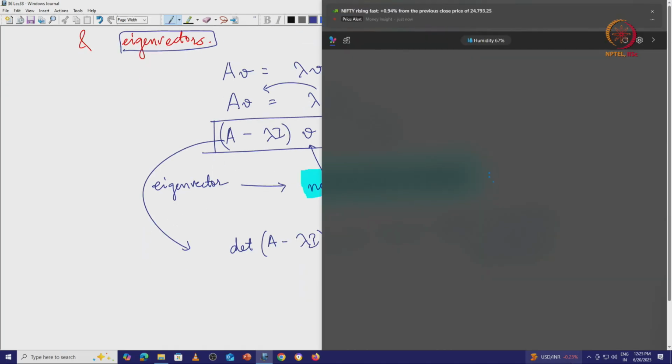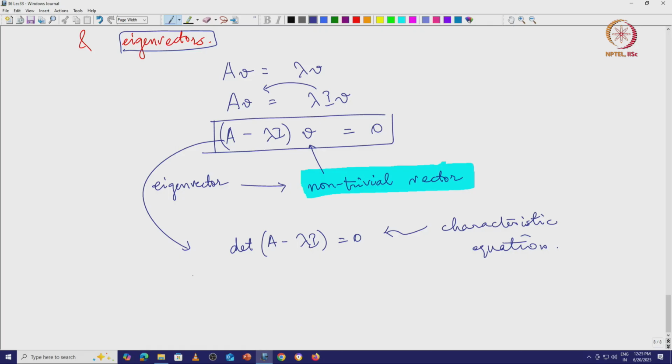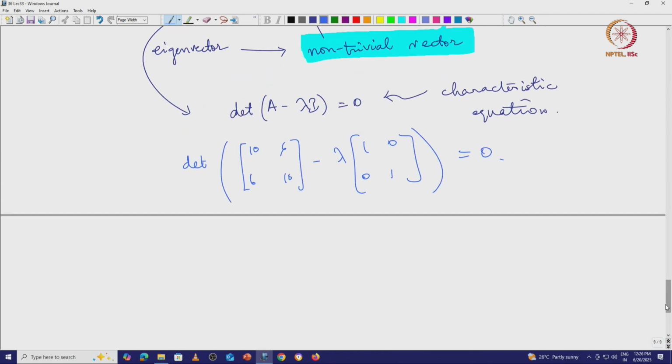Okay. So now we have to write the determinant of A minus lambda I, and that needs to be set to 0. So essentially we have the determinant of A, which is 10 6 6 10, minus lambda times the identity matrix of the appropriate size, 1 0 0 1, equal to 0, alright. And then this becomes fairly straightforward.